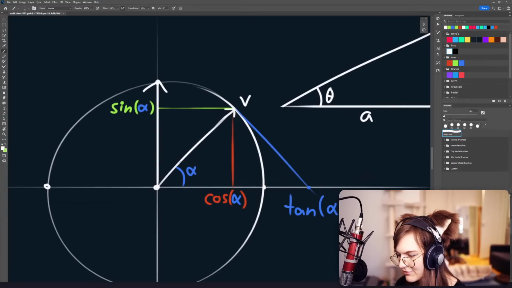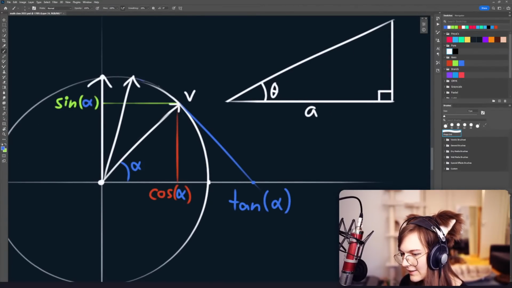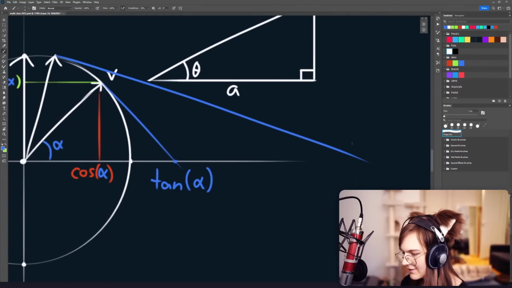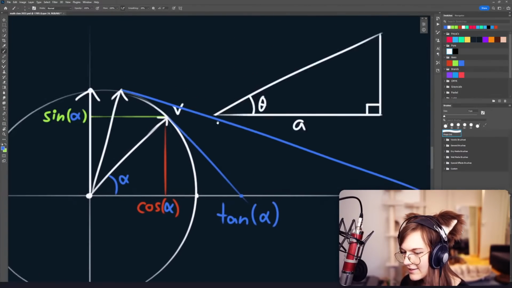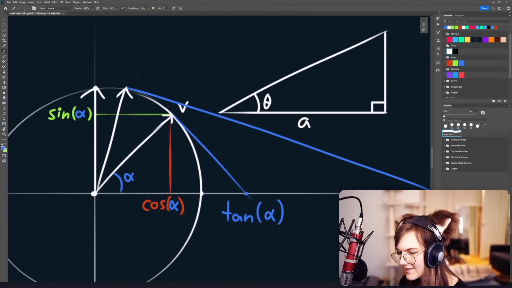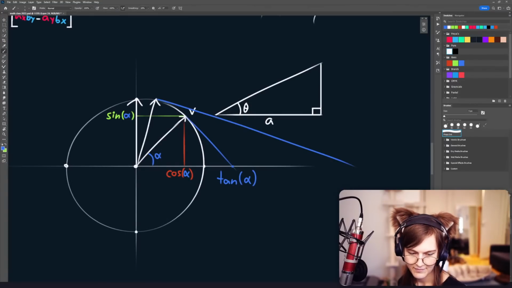And again, if we increase the angle here, we make an even steeper angle, then the value of the tangent function is going to be the length of this long line. So the value of tangent increases to infinity as we approach 90 degrees at the top. If that makes sense.